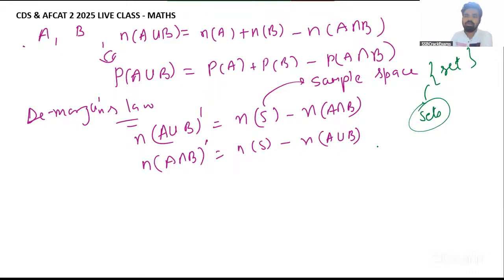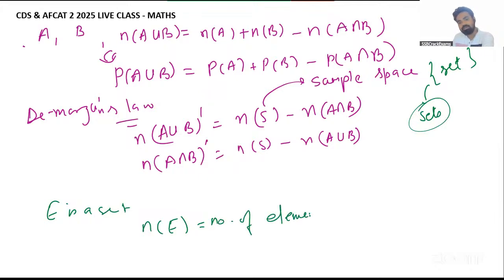You just need the simple definition and formula. Suppose E is a set, then n of E represents the number of elements in E. That's simple. So n of A union B complement means the number of elements in A union B complement, and n of S means the number of elements in the sample space. Okay. So these are the formulas.